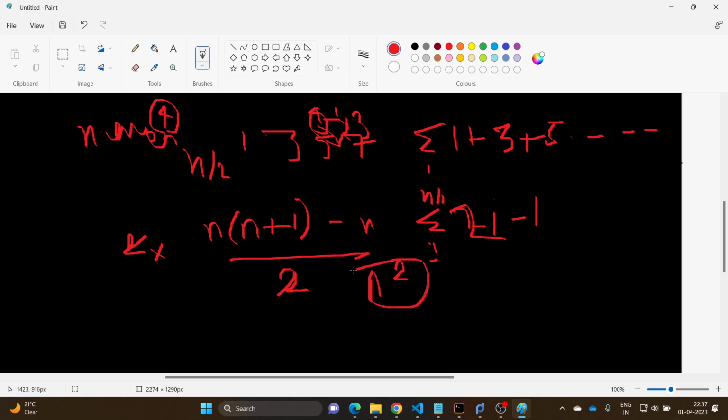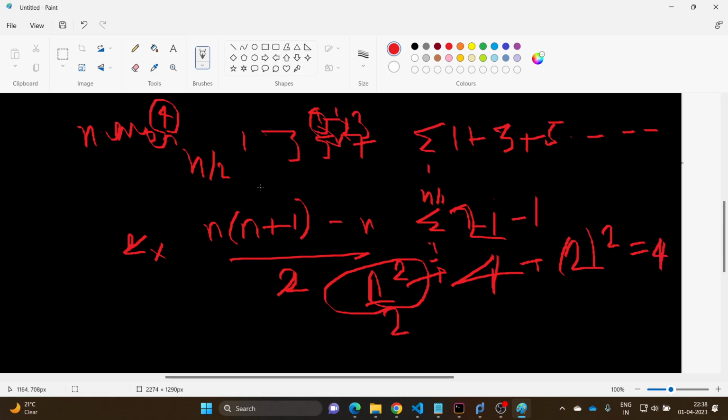So the answer is n squared, where actually it should be n by 2 squared. If n is 4, then you divide by 2, you get 2, you square it, and the answer should be 4.